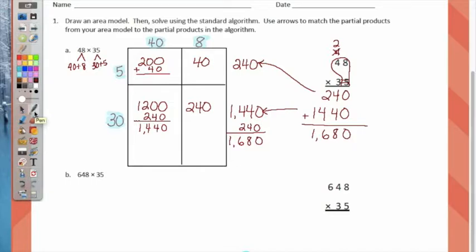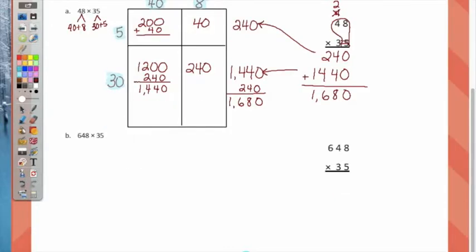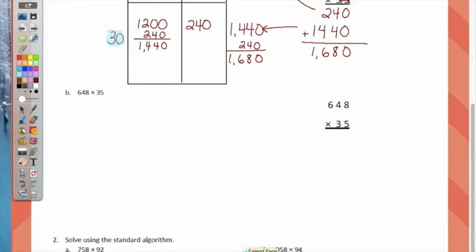If you'll notice, the numbers are larger, okay? So there's more regrouping. There's more things you have to add in after you multiply. So let's take a look at it. Now you need to draw 3. I do. Xavier said, hey, we've got 3 parts to 648, don't we?